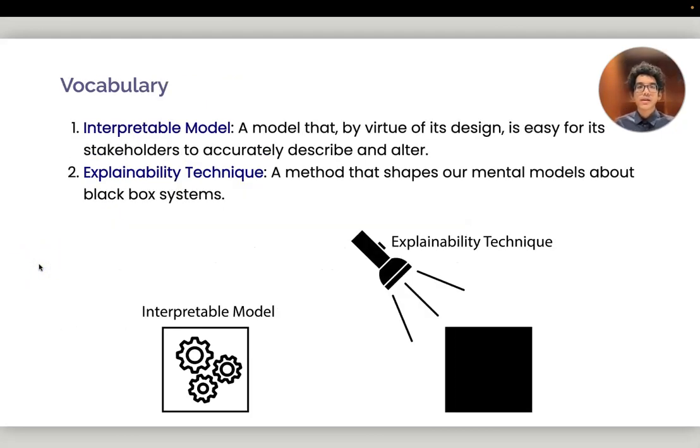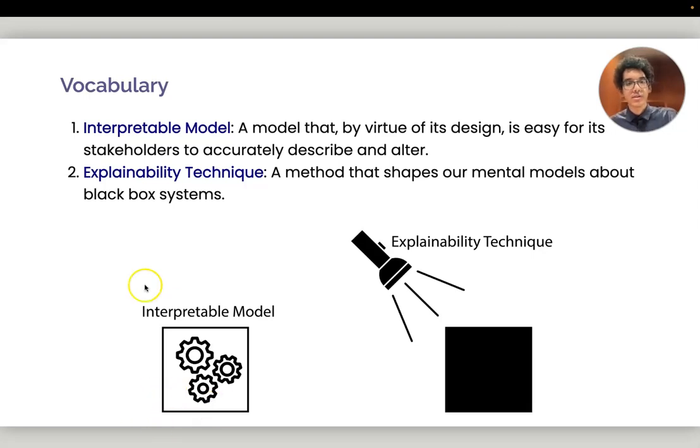Okay. And I want to just introduce a little bit of vocabulary because I think this also helps to tease apart the different kinds of interpretability and the different properties that we should be looking for in these AI models. So the first is a distinction between an inherently interpretable model and an explainability technique. You can think of an interpretable model as one where you can see all its components directly without having to come up with any post hoc explanation.